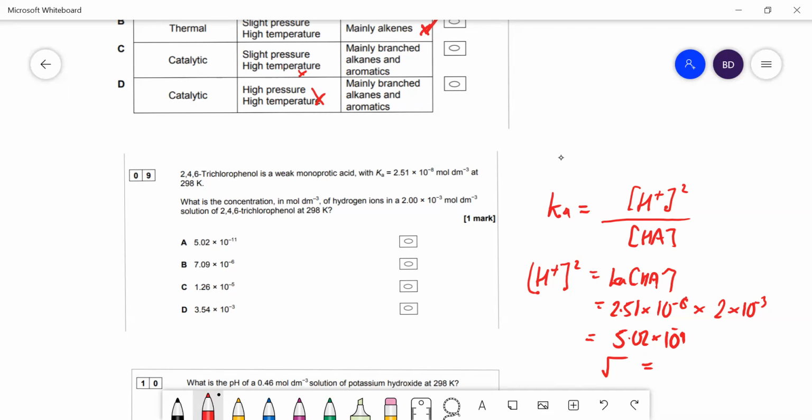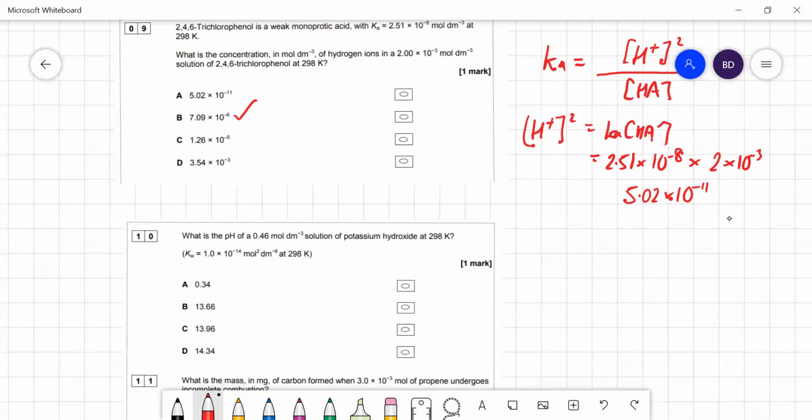Sorry, that should be an 8 there. So this is wrong, sorry. That's 5.02 times 10 to the minus 11. And take the square root of that. 7.08 times 10 to the minus 6 is this one here. Okay, so that's a fairly straightforward finding the hydrogen ion concentration of a weak acid.